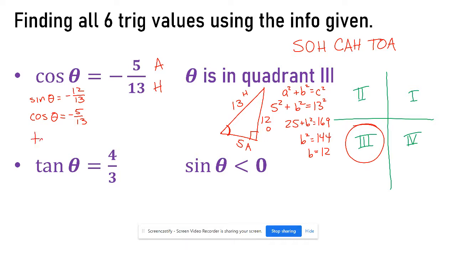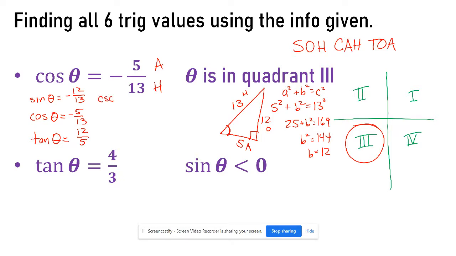Tangent, there are 2 ways to find tangent. It's opposite over adjacent. It's also sine over cosine. Here, if our sine and our cosine are both negative, when we find tangent, those negatives cancel out. Tangent ends up being positive. So I'm going to go opposite over adjacent, 12 over 5, and it's going to be positive. Now, the other 3 are super easy because all I have to do is flip the original 3.